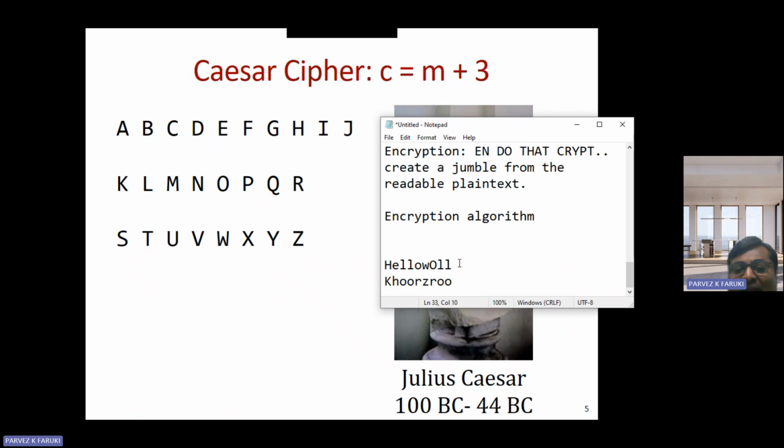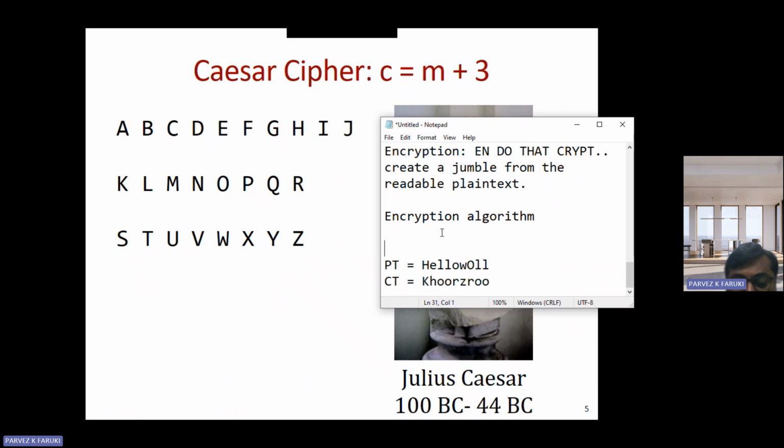Now, if an attacker gets hold of this text, the one that you see is the plain text, and if someone gets hold of the cipher text, he knows there is a message. You will appreciate one fact: between 44 and 100 BC, a Roman emperor was using an encryption mechanism to send messages.